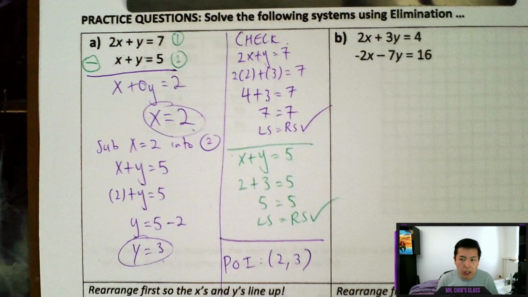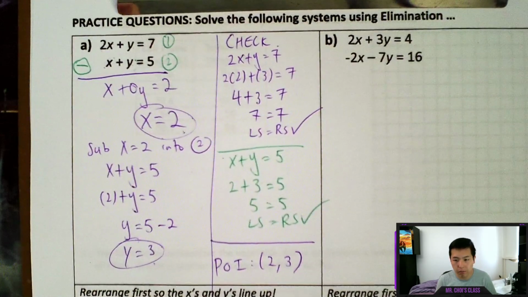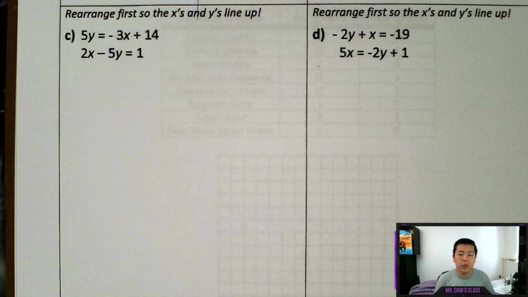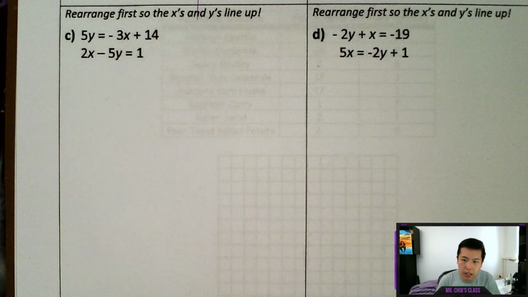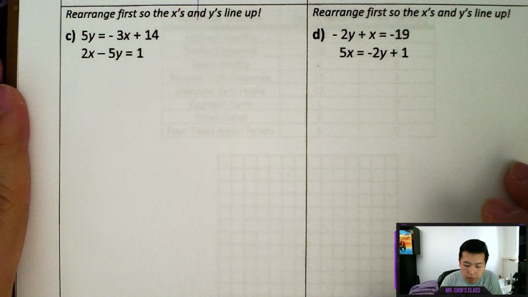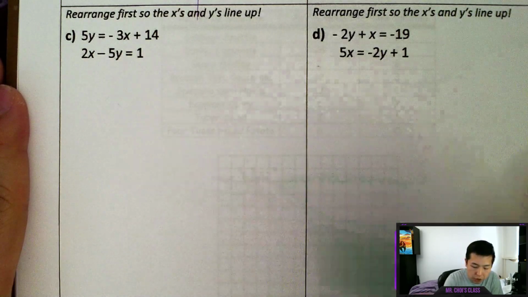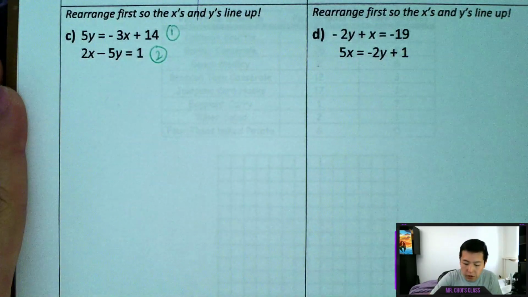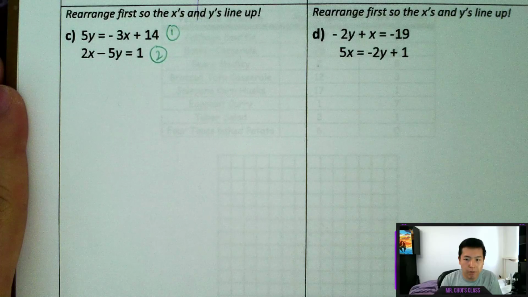So let's go to question C. We're going to rearrange first so the x's and y's line up. So look at here. We have equation 1 and equation 2. You'll notice that x and y are not lined up.